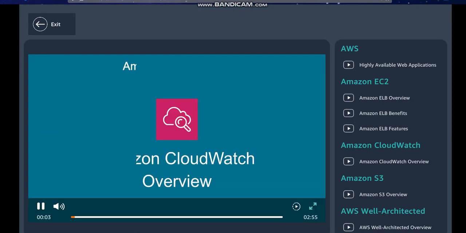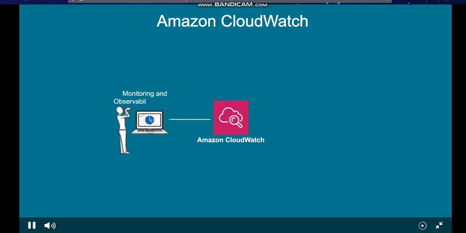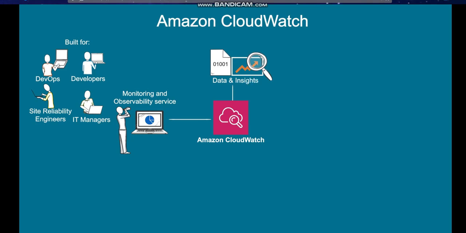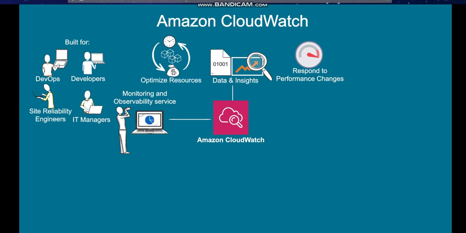Overview. Amazon CloudWatch is a monitoring and observability service built for DevOps engineers, developers, site reliability engineers, and IT managers. CloudWatch provides you with data and actionable insights to monitor your applications, respond to system-wide performance changes, optimize resource utilization, and get a unified view of operational health.